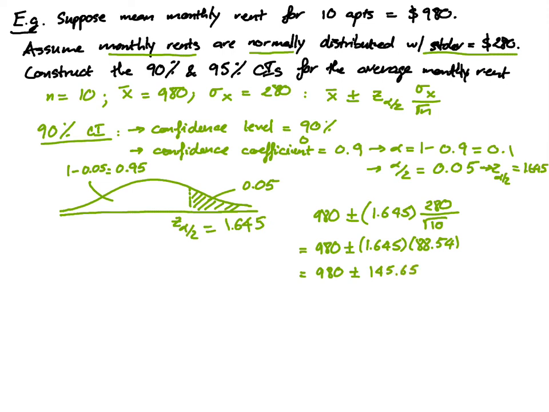And so the 90% confidence interval is the interval from 834.35 to 1,125.65.